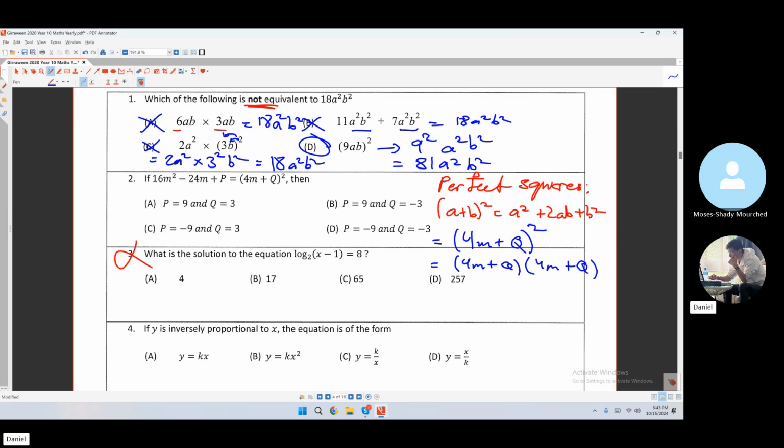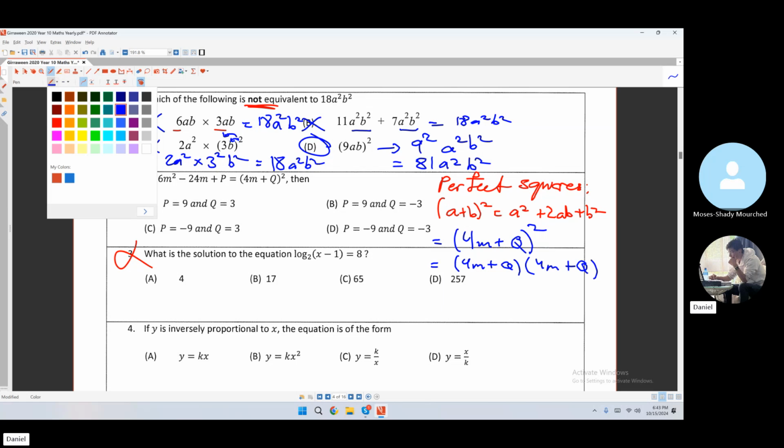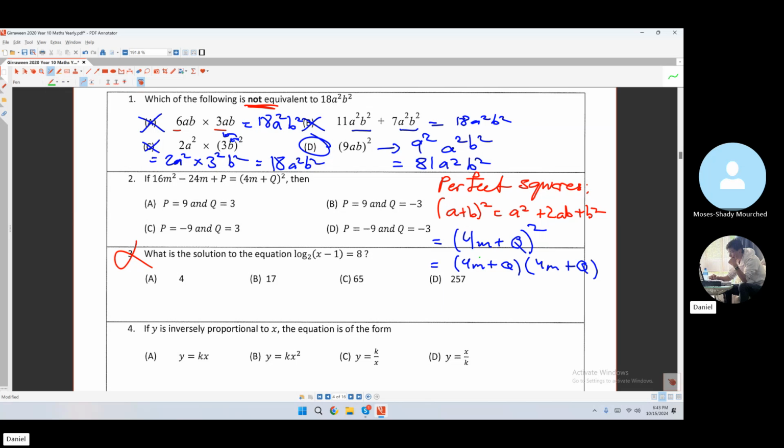Now, would you know how to expand this? Yeah, like cleaning it up, expansion, right? It will become that times that, that times that, that times that, that times that. So it'll be 4m times 4m.